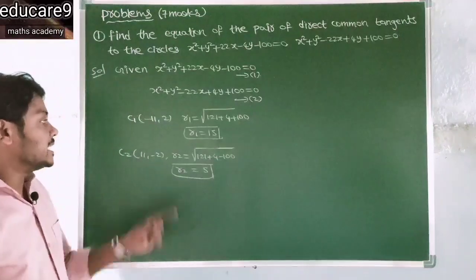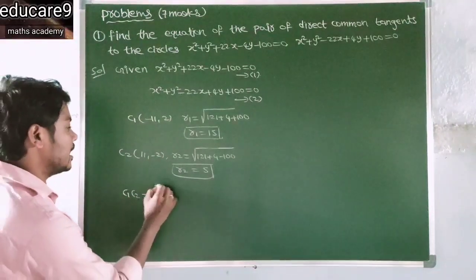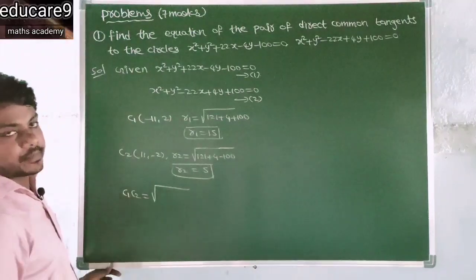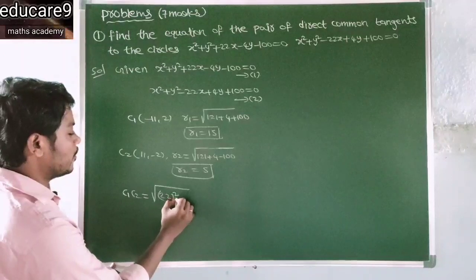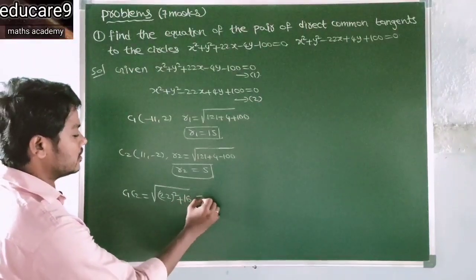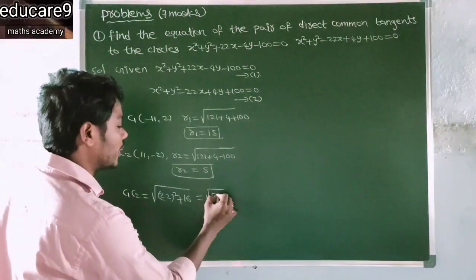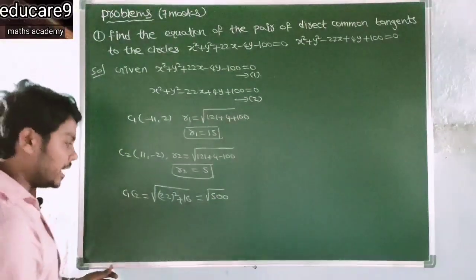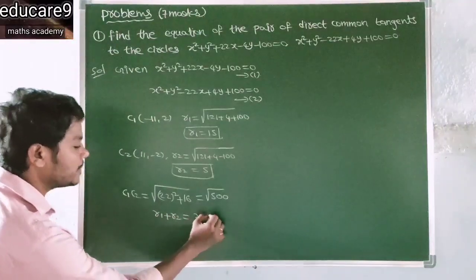And find the C1 C2 distance, that is 11 minus of minus 11, that is 22 whole square plus 16. So this is 484 plus 16, you will get root 500. And what is R1 plus R2? That is 20.